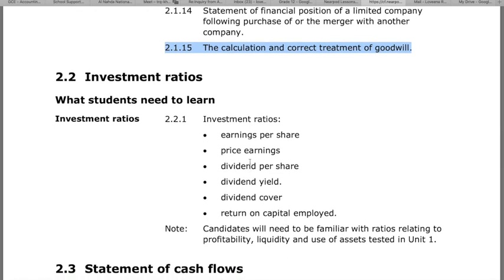Investment ratios. This is in addition to all the ratios which you've already studied. You have the earnings per share, price earnings, dividend per share, dividend yield, dividend cover, return on capital employed. All of these are called investment ratios.